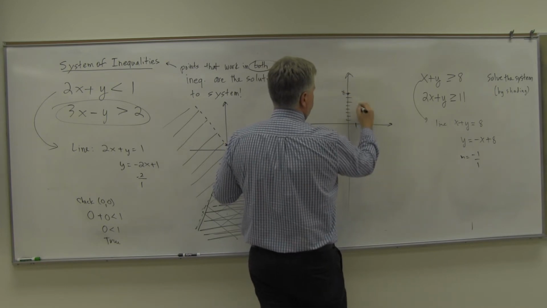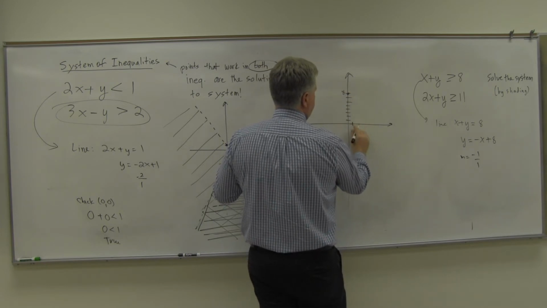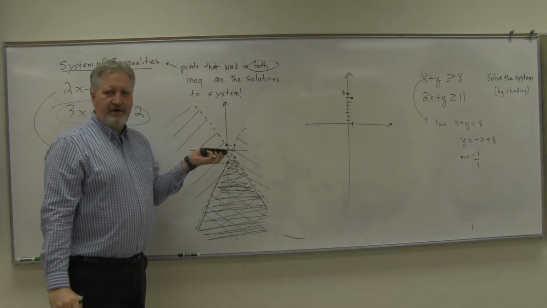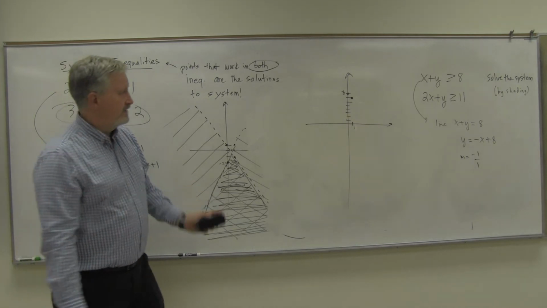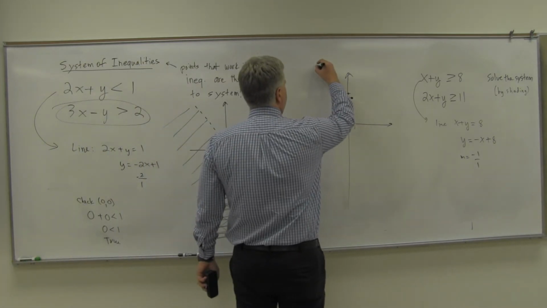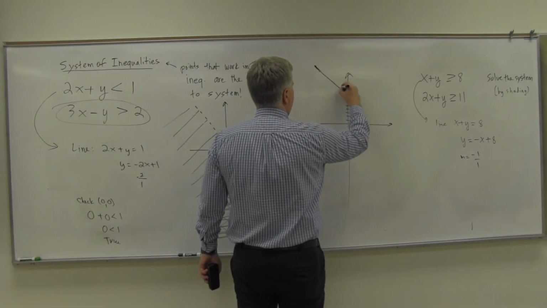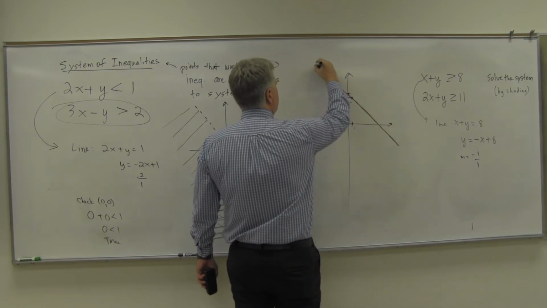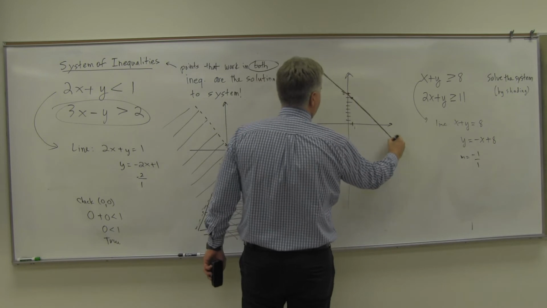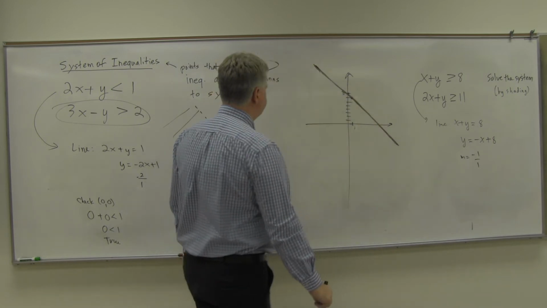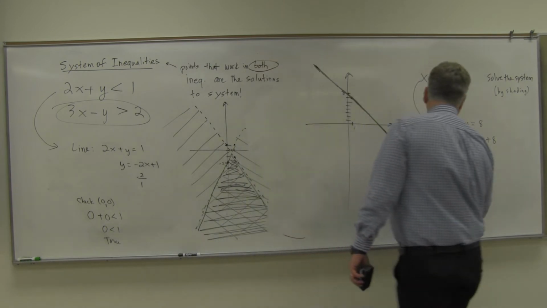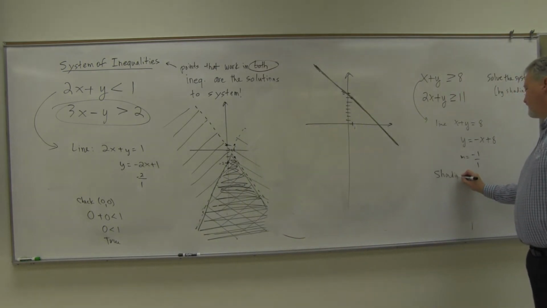And I've got the equal to part on it, so that's a solid line. Darker here, so. But I still need to think about the shading for that line.